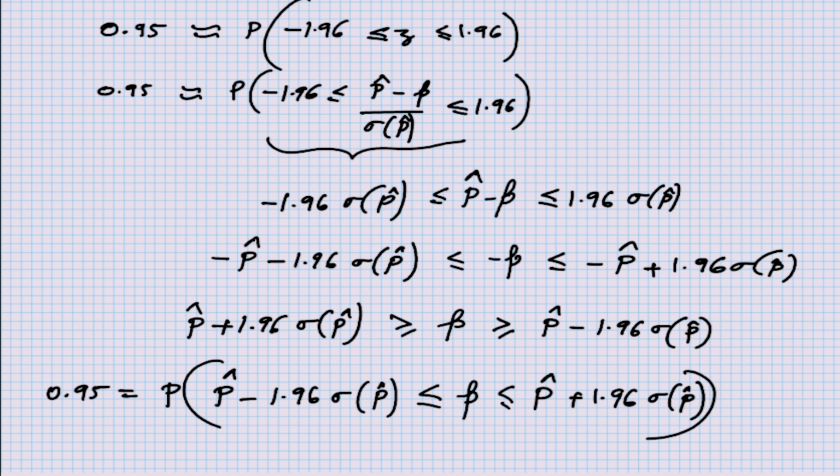Same thing happens on this side. So here you can see minus P cap becoming plus, and plus 1.96 sigma becoming minus 1.96 sigma. So I can simply replace this whole equation by this equation.